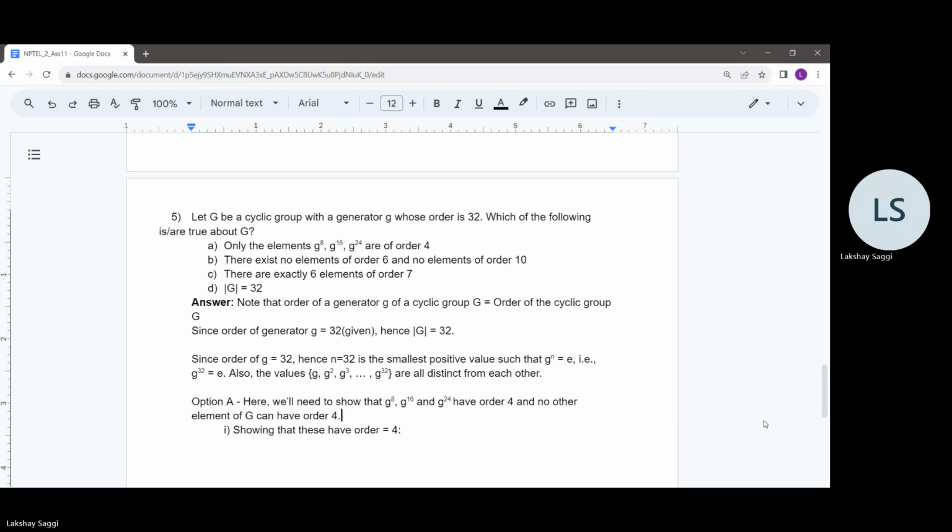If something has order 4, then what does this mean? So yeah, I think there's a better way to show this.